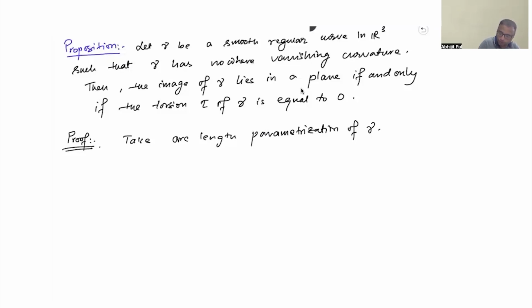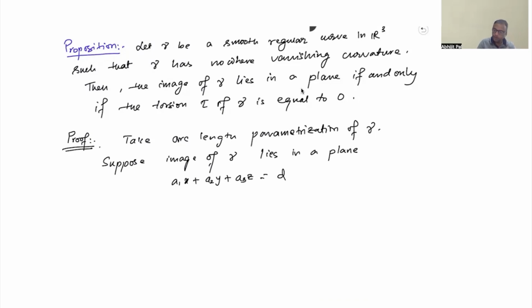So we have taken the arc length parameterization of gamma. First suppose the image of gamma lies in a plane a1 x plus a2 y plus a3 z equal to d. Suppose gamma lies in this plane.